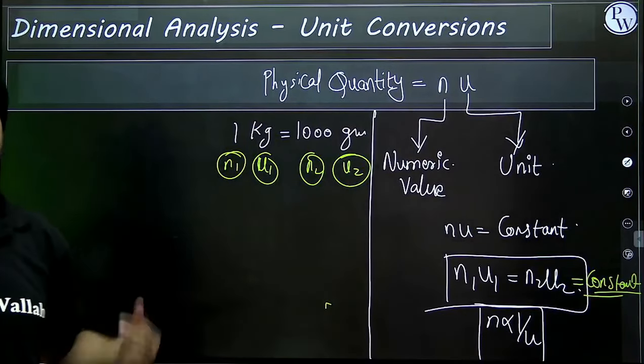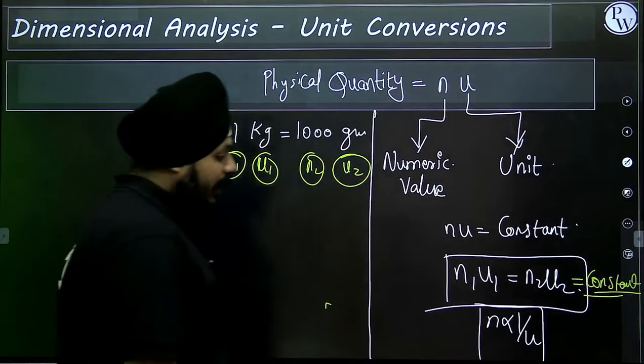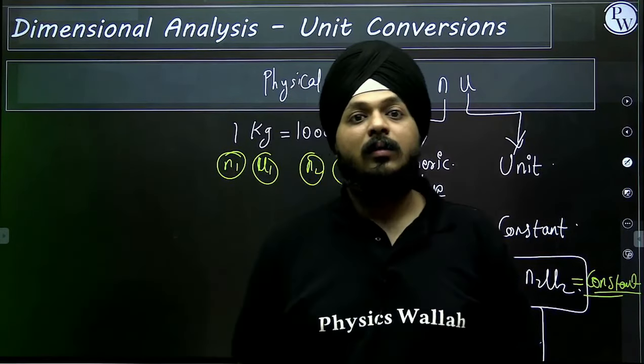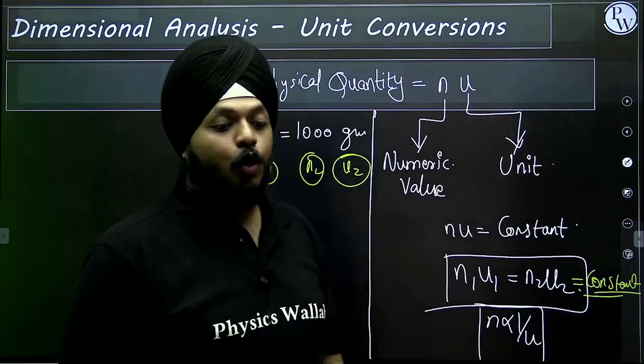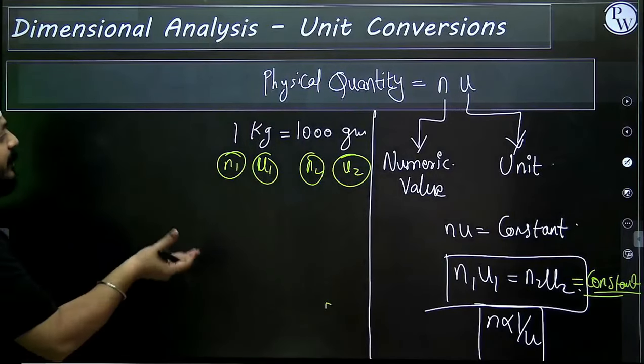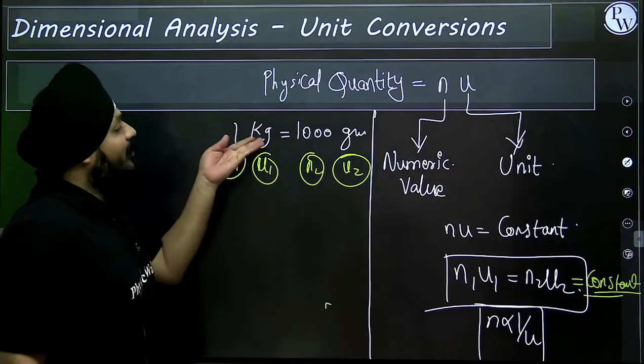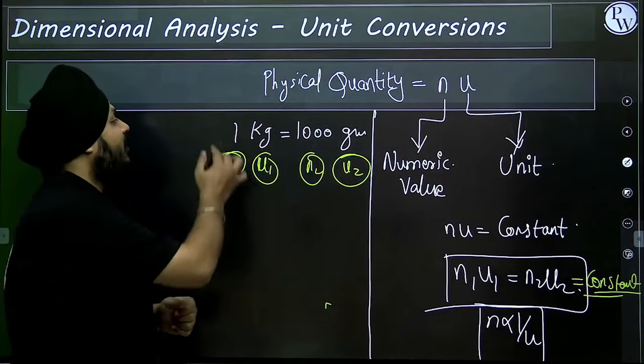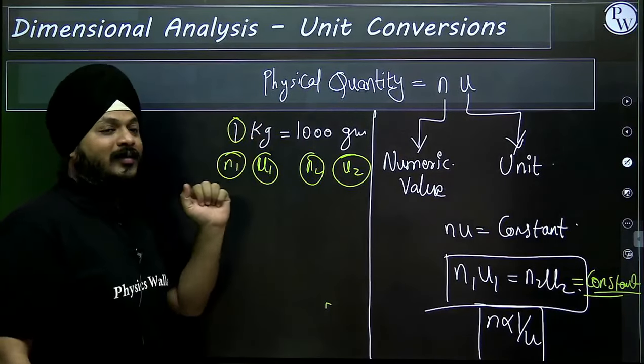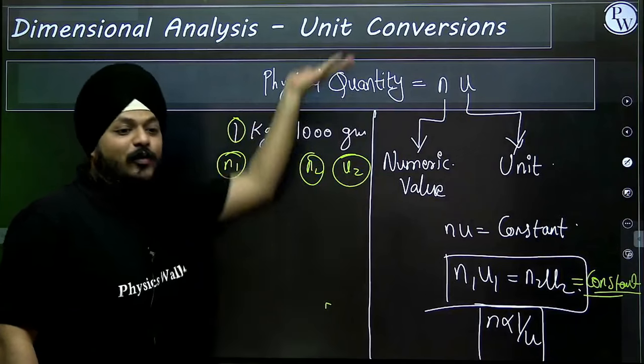N is inversely proportional to U. It means that if the unit is higher, the value is lower; if the unit is lower, the value is higher.